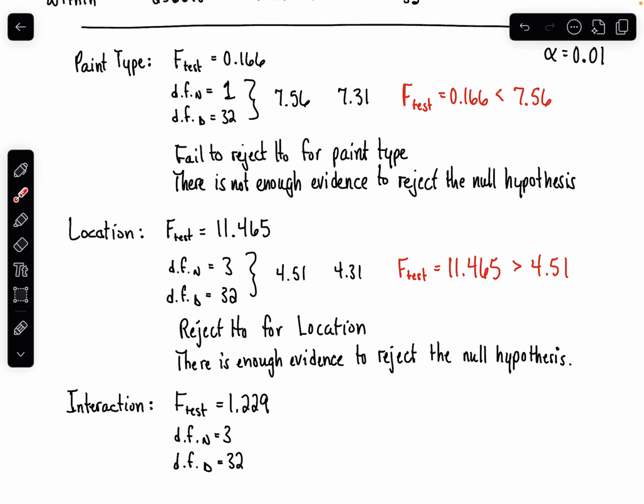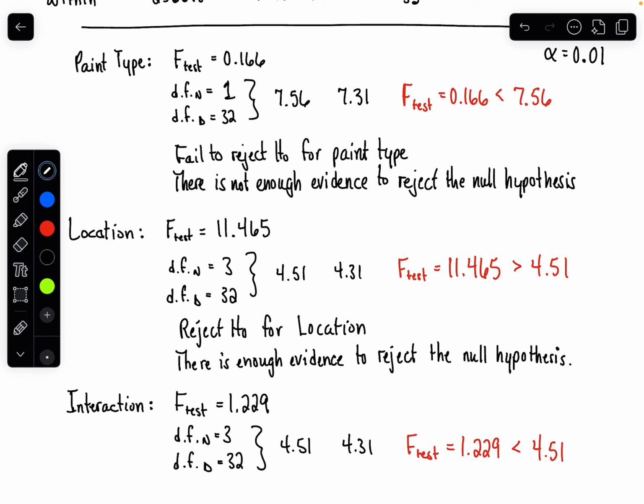So please note that in this case, we actually end up with the exact same degrees of freedom here as we did for location, which means our critical value is somewhere between 4.51 and 4.31. Now, even though we don't know exactly what it is, our test statistic here is 1.229, and that is certainly smaller than whatever our actual critical value is.